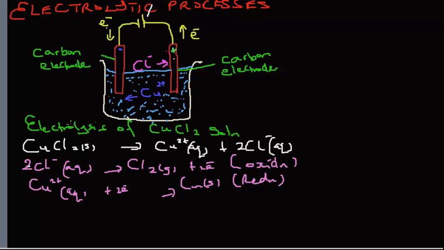Our copper itself is going to be deposited on the electrode, and because reduction occurs here, this is the cathode. So that is what we have as far as this electrolytic process, the decomposition of our copper 2 chloride solution, is concerned.